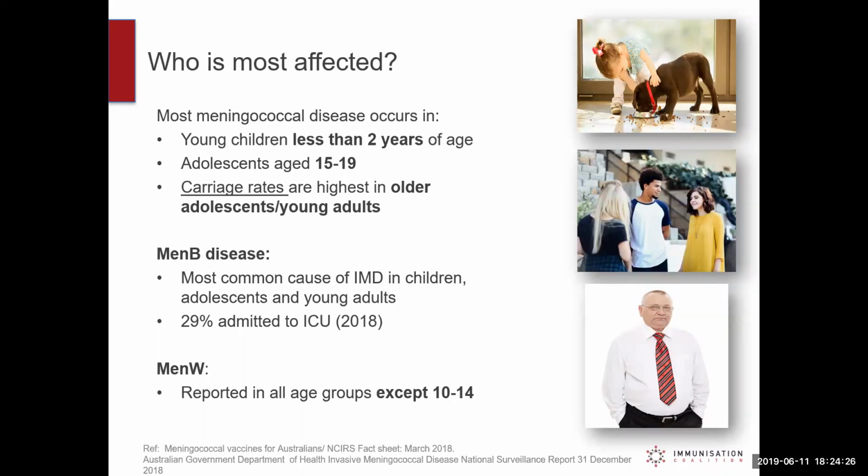So we need to also understand and appreciate that these diseases are seen in other individuals as well outside of these age groups, particularly meningococcal W, which we will talk about a little bit later on.